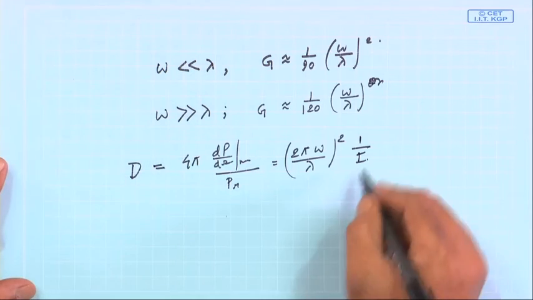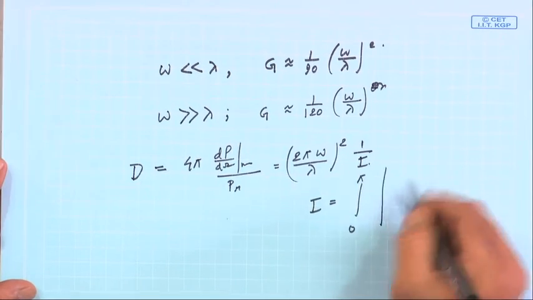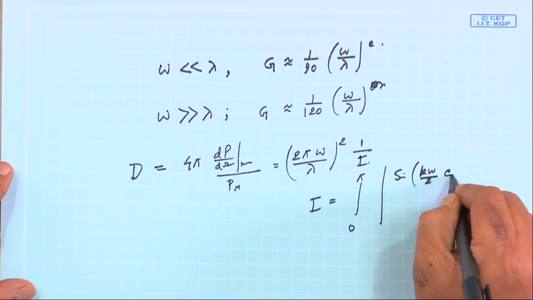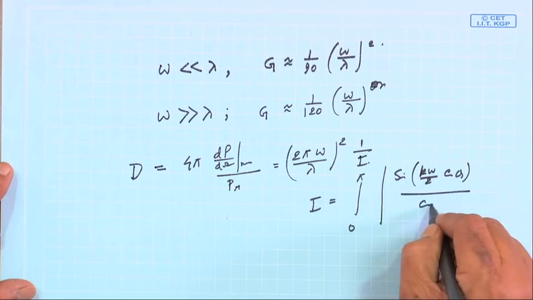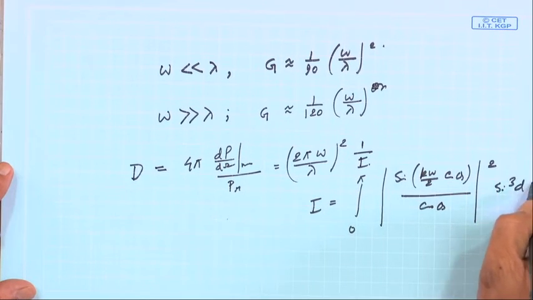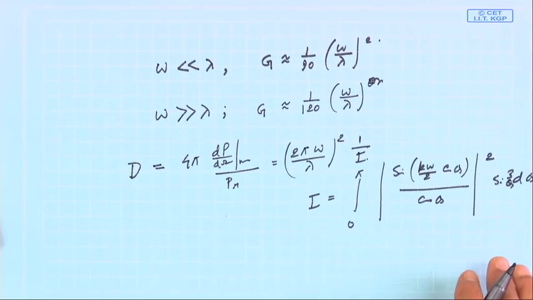So, that I is integral 0 to pi of sin(k W by 2 cos theta) by cos theta, whole square, sin cube theta d theta.